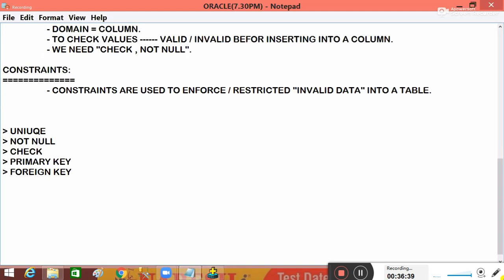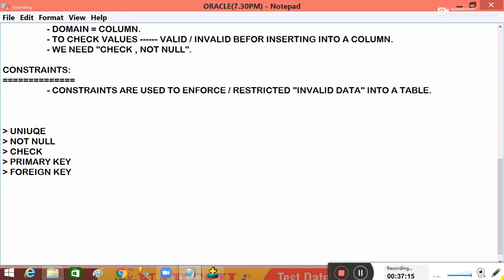Then how can we restrict your data? By using different constraint keys. Unique is one mechanism, not null is one key, check constraint is one purpose, primary key is one purpose, foreign key is one purpose. Every constraint restricts data in a different way.